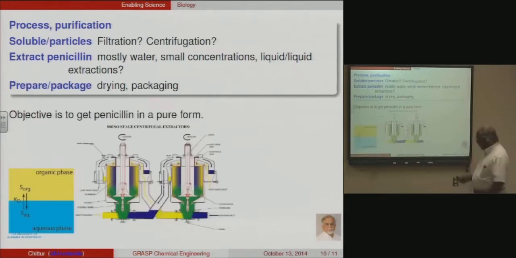And here's a diagram about how you might be able to use two different phases to do the extraction. And here is a centrifugal extractor. This is just an example. There are a number of these commercially available liquid extraction units that one could purchase for doing these types of extractions.